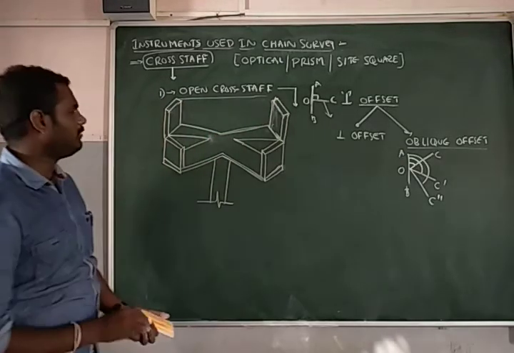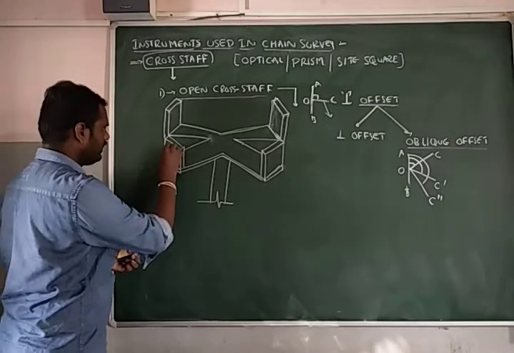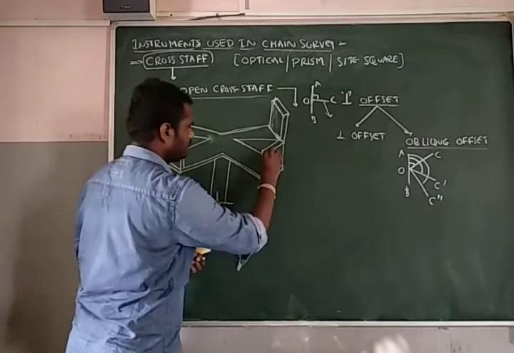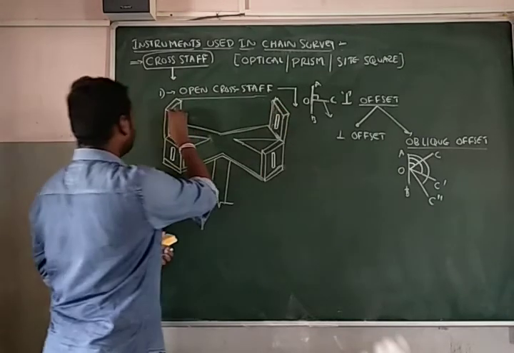So this would be the shape of the open cross staff, which contains slits. So here, you'll be having another, and you'll be having another.